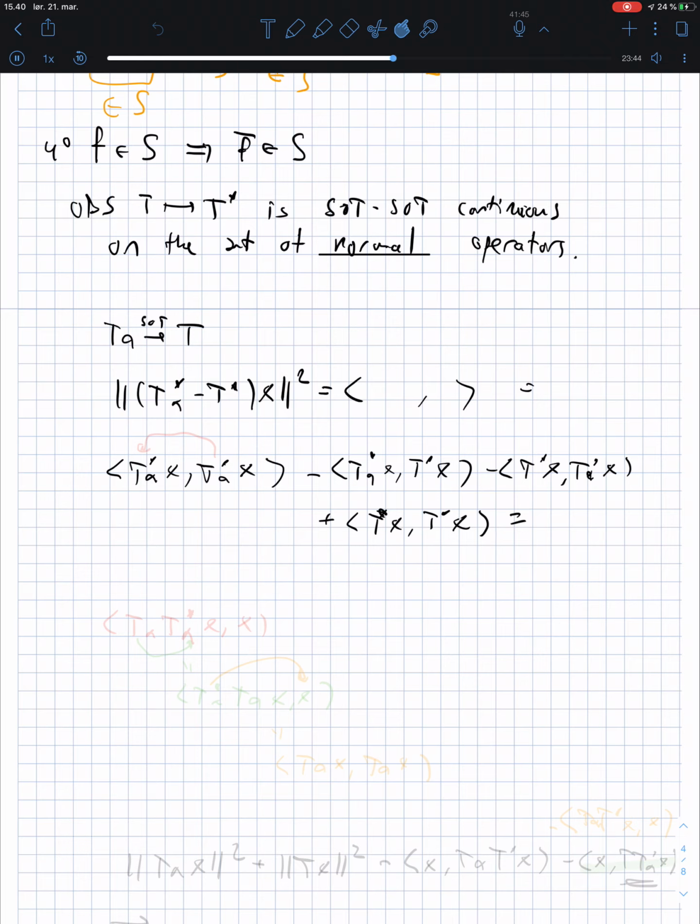But the point is that we have assumed that both T alpha and T are normal.